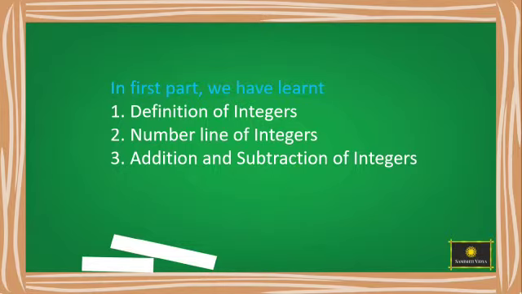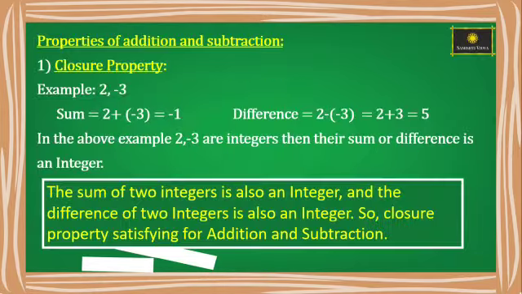Now let's go to the next concept, that is properties of addition and subtraction of integers. We have already learnt about properties of whole numbers. Like whole numbers, integers also follow the closure, commutative and associative properties.